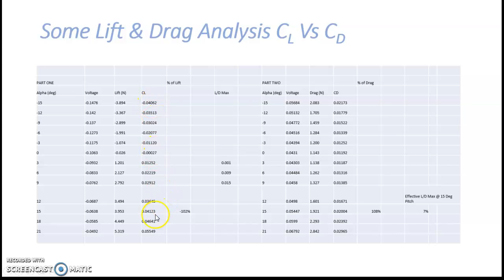It's 102% different between the lift created at -15 degrees of pitch, nose down 15 degrees, and nose up 15 degrees. Same thing for the drag: it's 108% difference. If I add these two between the lift and the drag, I get an effective mean angle of attack, or LD max, of 7% difference, and that's what I see here.